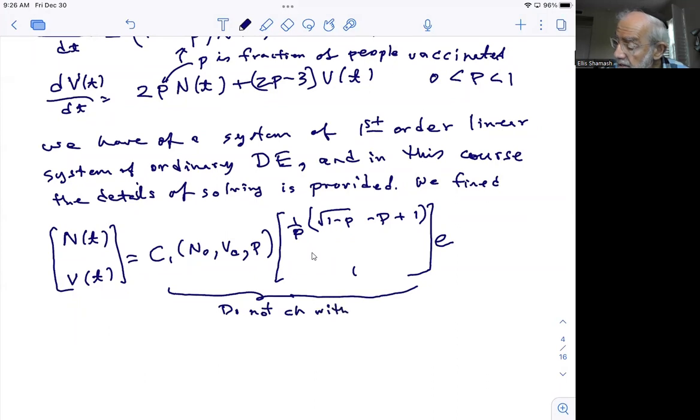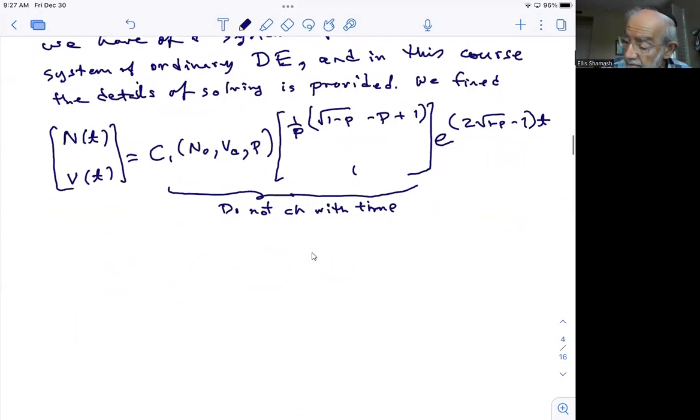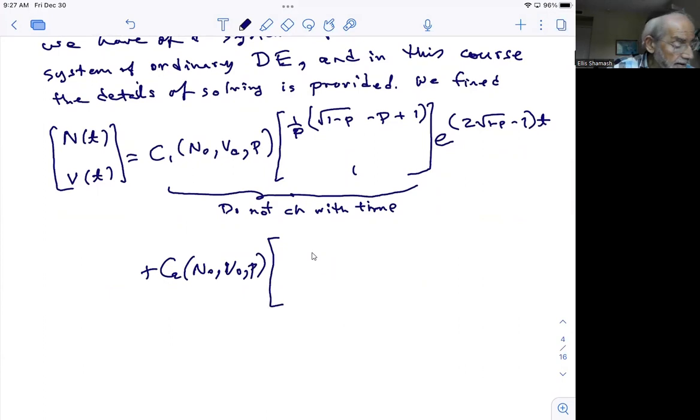And then a factor that does change with time, and it's e to the 2 times the square root of 1 minus p minus 1, t, plus another term, which has another constant that's also of the same flavor, n0, v0 and p, and another vector, 1 over p times the square root of 1 minus p plus p minus 1.